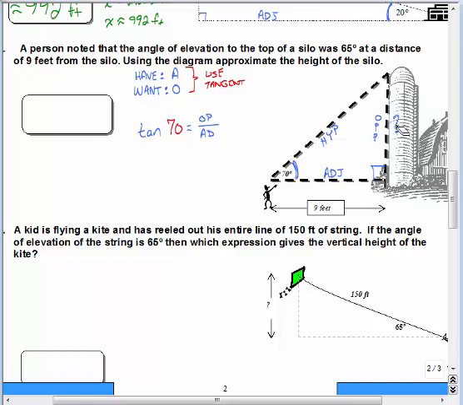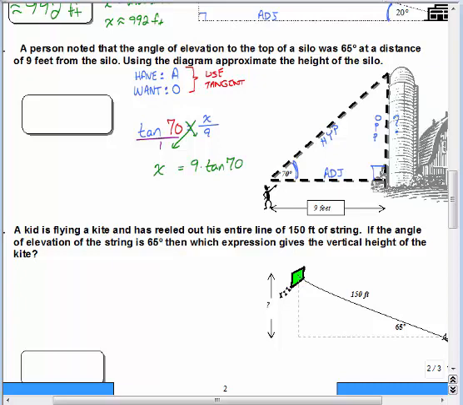All right, in this case, opposite's the unknown, so we're going to call that x. That's what we're trying to find. And adjacent we know is 9. So, as we've done so many times before, put tan of 70 over 1 and cross multiply. So x times 1 is just x. And tan of 70 times 9, I'm going to write 9 times tan of 70.